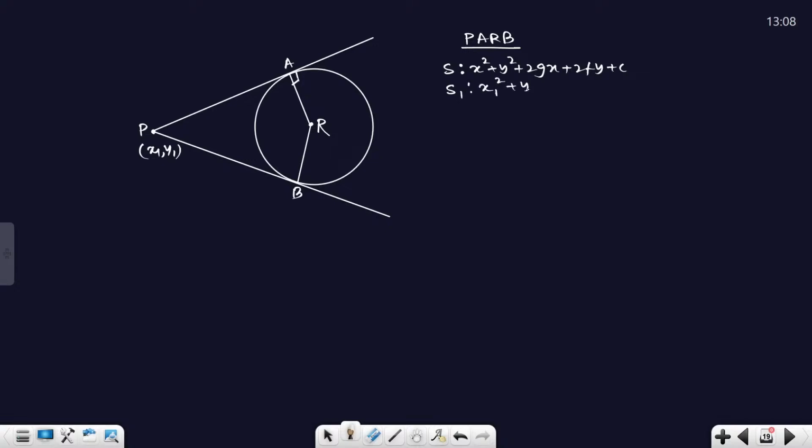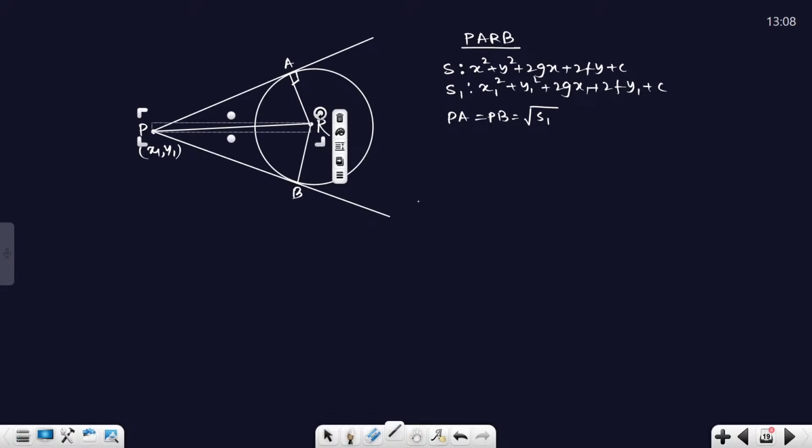It is x1 square plus y1 square plus 2gx1 plus 2fy1 plus c. And the length of the tangent, which is your PA, same as your PB, is nothing but root over S1. That we all know. Now let me do one thing. Let me join P and R.